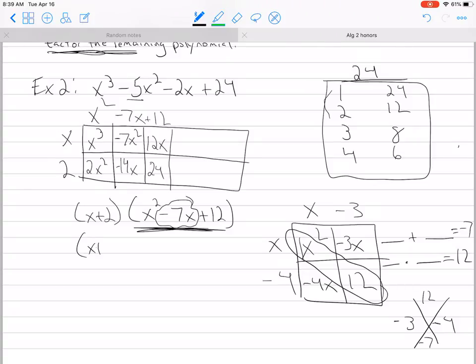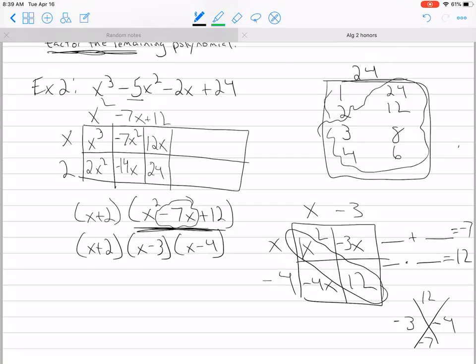So x plus 2, x minus 3, x minus 4. This means when you were checking these factors of 24, if you would have checked any other positive terms, they wouldn't have worked. And maybe you did check them all, but hopefully you started early and got at it. If none of the positives work, then you have to check all your negatives.